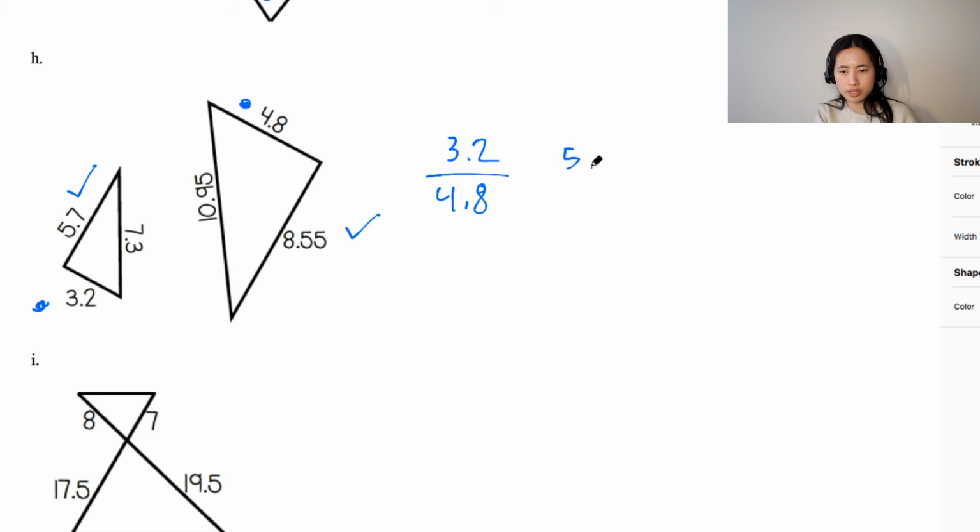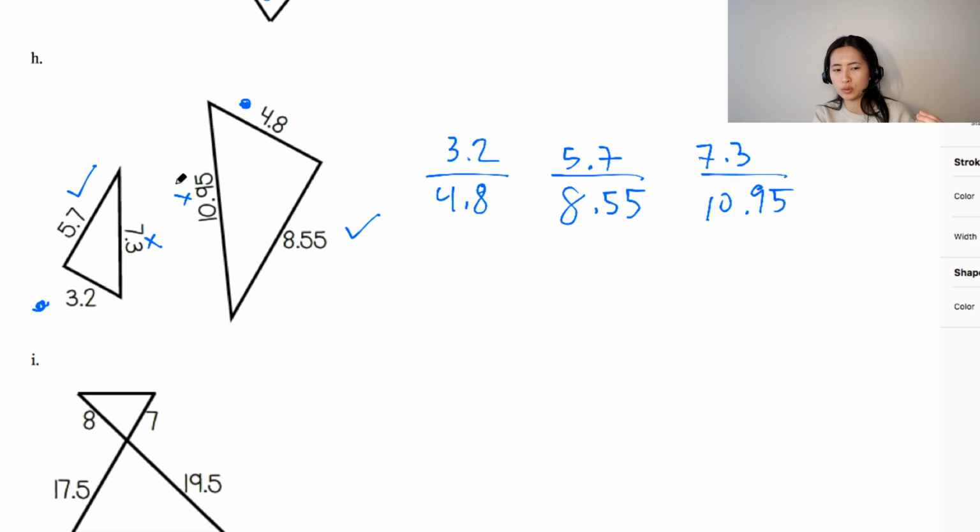So that's 5.7 divided by 8.55. And then finally, we have 7.3 and 10.95. By the way, the X marks that I'm indicating beside or on top of the numbers are not because it's wrong. I'm trying to use them as a legend. Does that make sense? So if I'm saying this is 7.3, this has to be compared to 10.95.